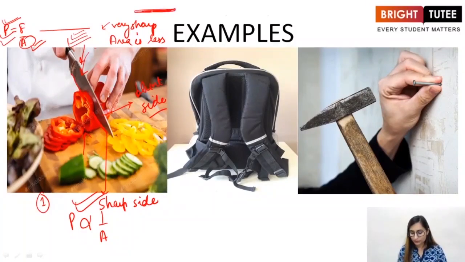Because it is the thicker side of the knife, it has a higher area. So when area is higher, the pressure is reduced. That is why to apply the same pressure, you will have to increase the force. If you are using the blunt side, you will have to increase the force so as to increase the pressure as well. So this is how pressure comes into our daily lives.